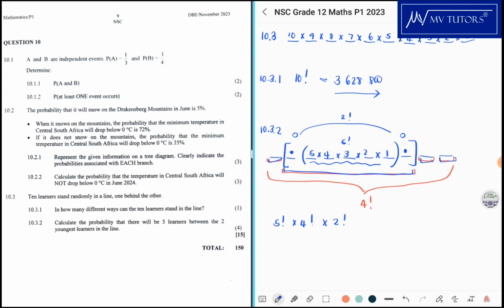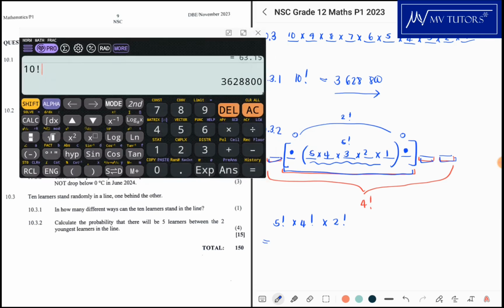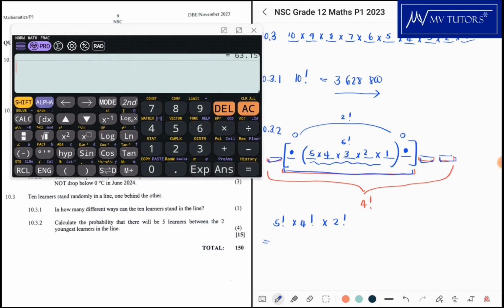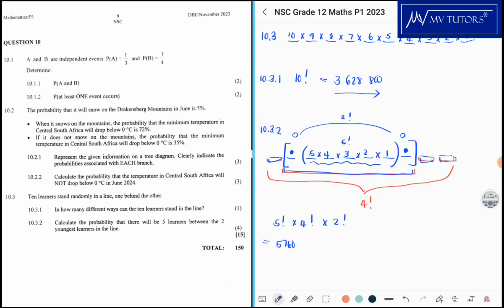And 2 factorial because these 2 that are surrounding these 5 can move about anyhow. So what do we have there? 5 factorial multiplied by 4 factorial multiplied by 2 factorial gives 5760.